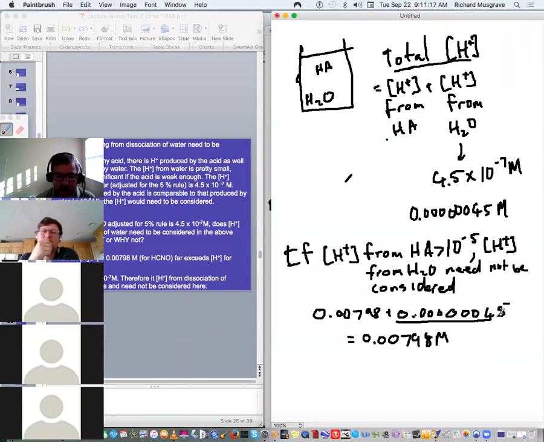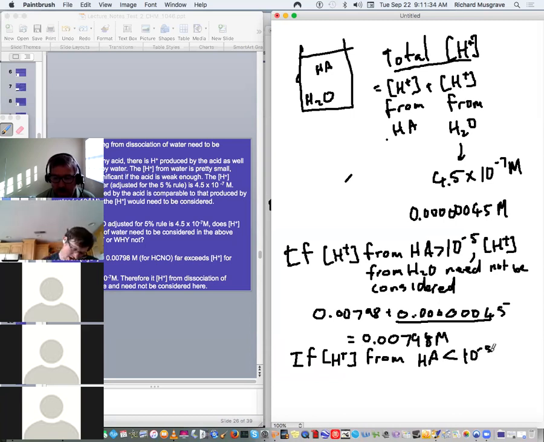Now, conversely, if the H plus from the HA is less than 10 to the negative 5 molar, the H plus from the water would need to be considered.